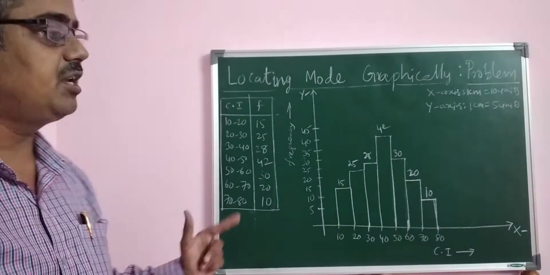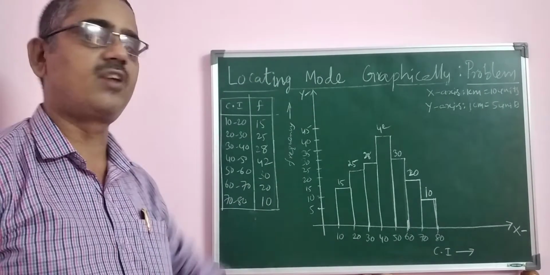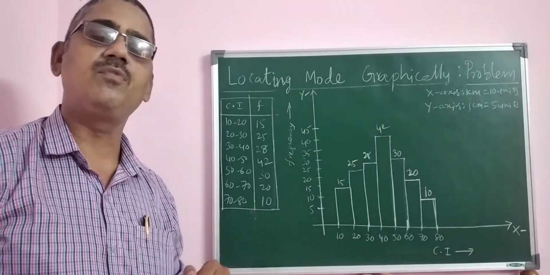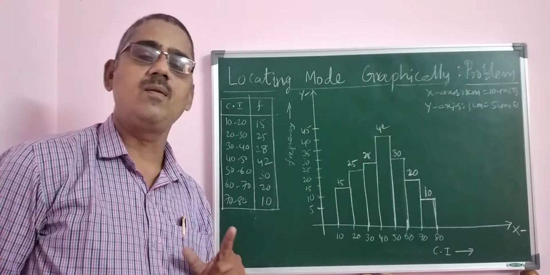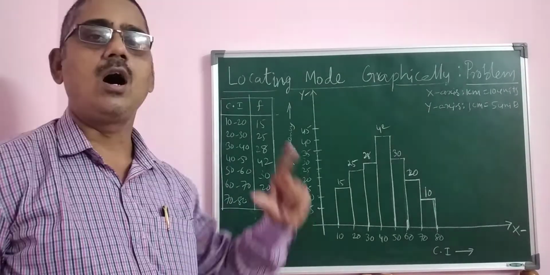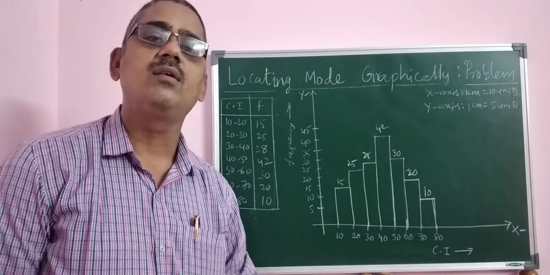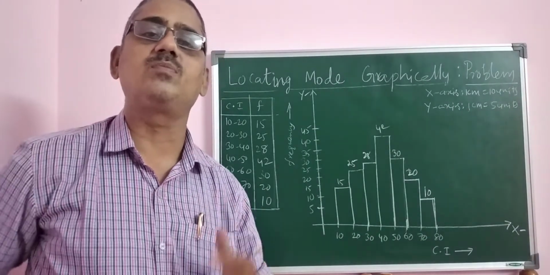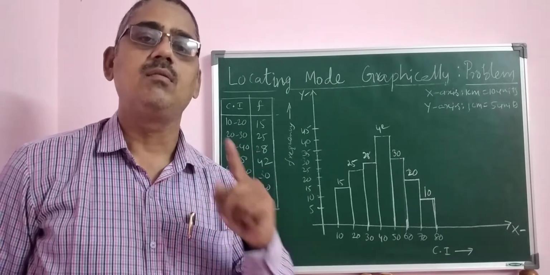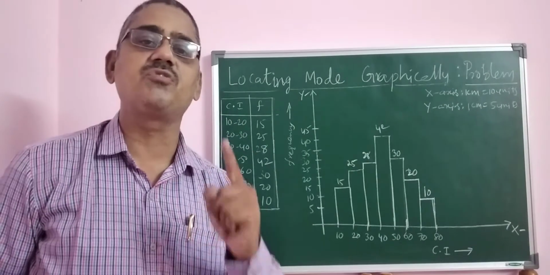Alright. Now you see here, to locate mode graphically from the histogram, first of all you have to identify the modal class bar. I have explained that the modal class bar is nothing but whichever bar has the highest frequency.